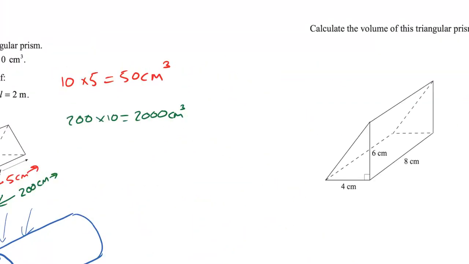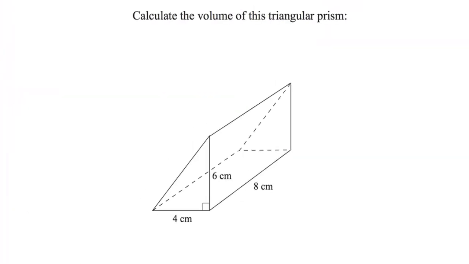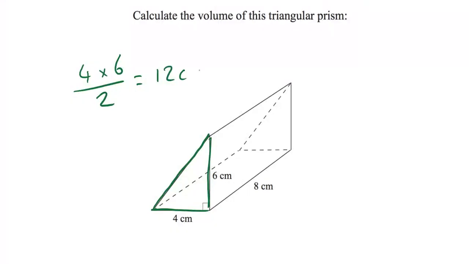Okay, let's have a look at another example. Now, in this case, we don't have the area of the cross-section. So we're going to have to use our triangle formula to work it out. To work out the area of this front triangle, we need to do 4 times 6 divided by 2. 4 times 6 is 24, and we divide that by 2, we get 12 centimeters squared.